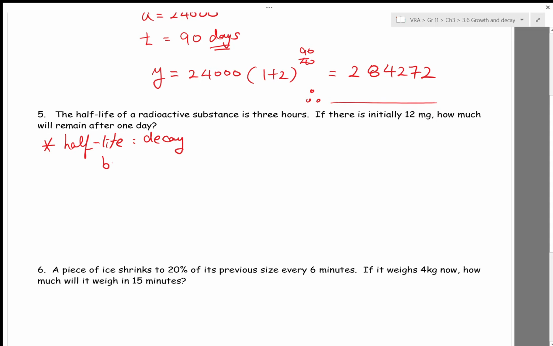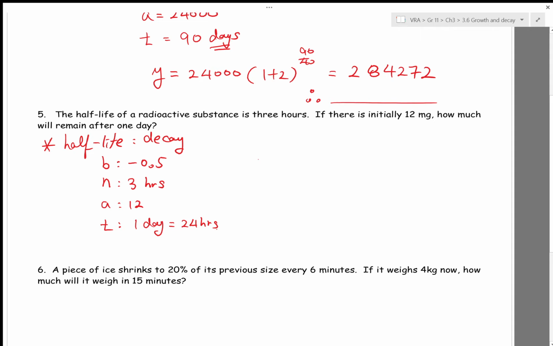Therefore, your B is negative 0.5. Okay. And then it says in every 3 hours, so N is 3 hours. Now, if there is initially 12 milligrams, how much will remain after 1 day? So T says 1 day, but we know that 1 day is basically 24 hours.